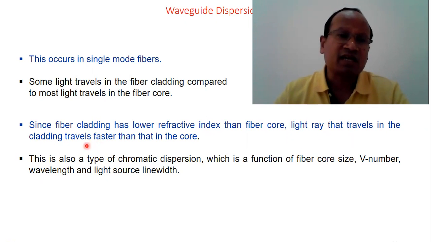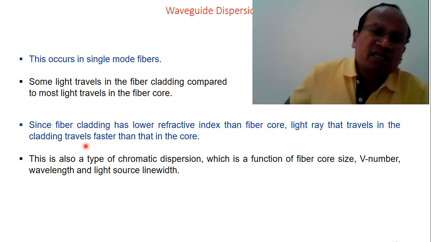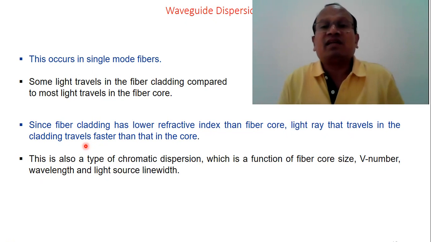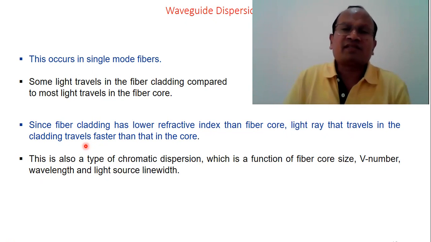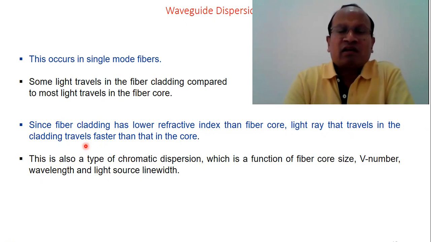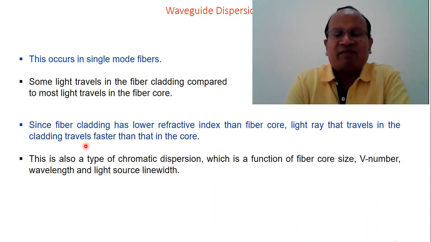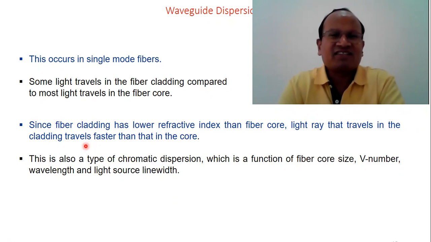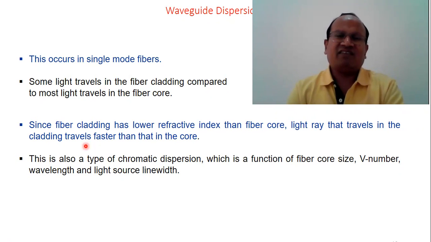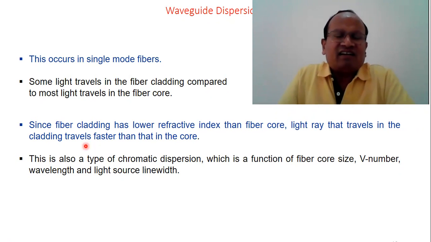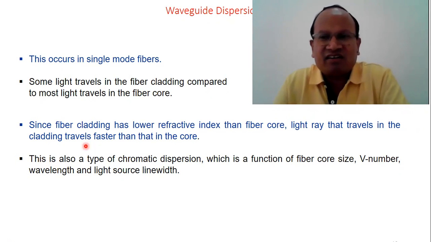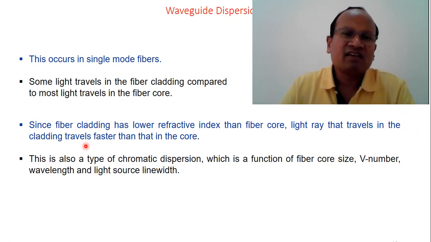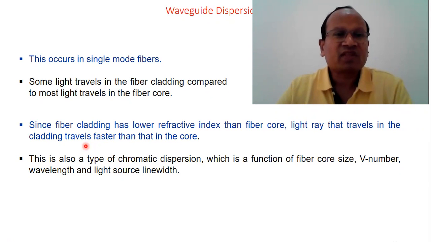Since fiber cladding has a lower refractive index as compared to the core, the light ray that travels in the cladding travels faster than that in the core. That is an interesting thing. The refractive index is low, so the wavelength will be more. So the wavelength is more, which means the velocity will be very fast, and this is why the light rays travel faster in the cladding area.